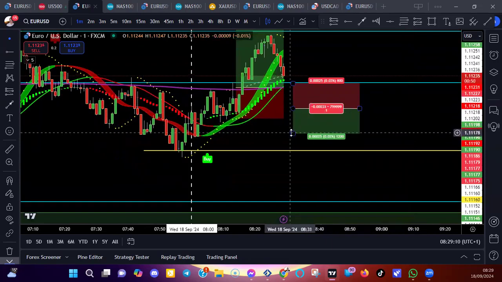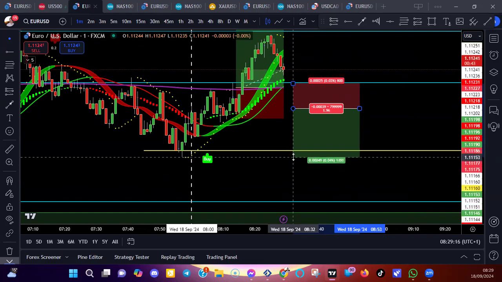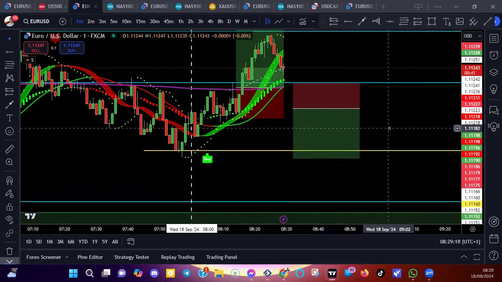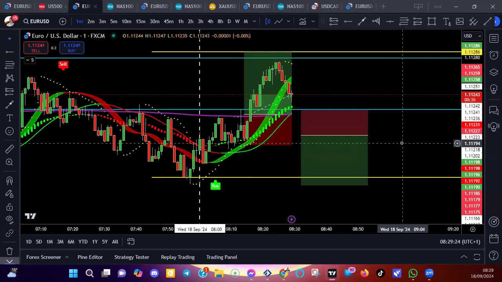Again, though, we caution because we'll be sweeping into the buy zone if that indeed happens. But that's the scenario for the sell.